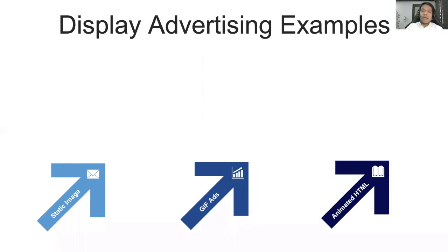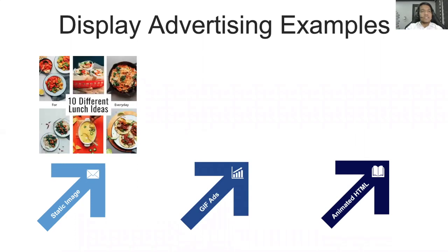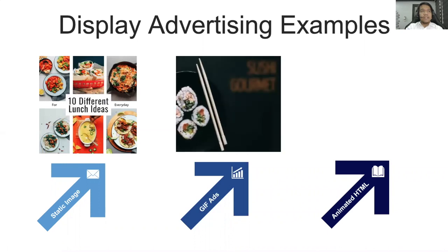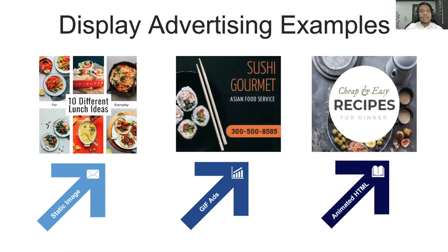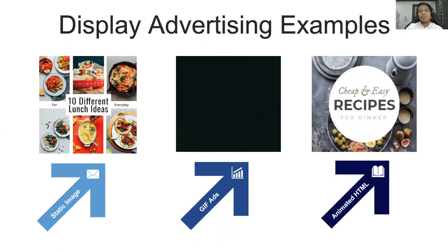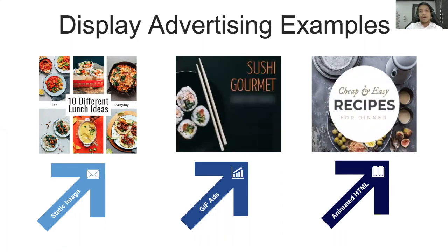Although you can advertise with plain text-based ads and still call it a display campaign, you can get much more out of your advertisements if you use examples such as static images, GIF ads, HTML animations, or any other media elements that can help you get your message to your target audience.